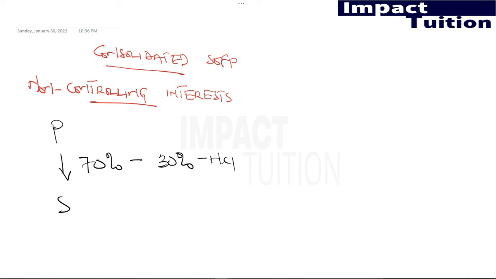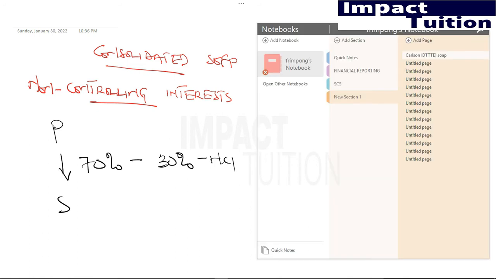Now, how do we account for non-controlling interest? IFRS 3 allows two treatments, two ways of valuing non-controlling interest. The first is to value NCI at a proportionate share of the fair value of the subsidiary's net assets.